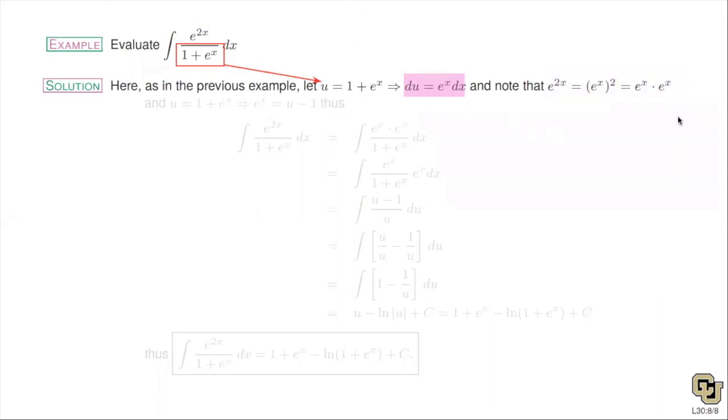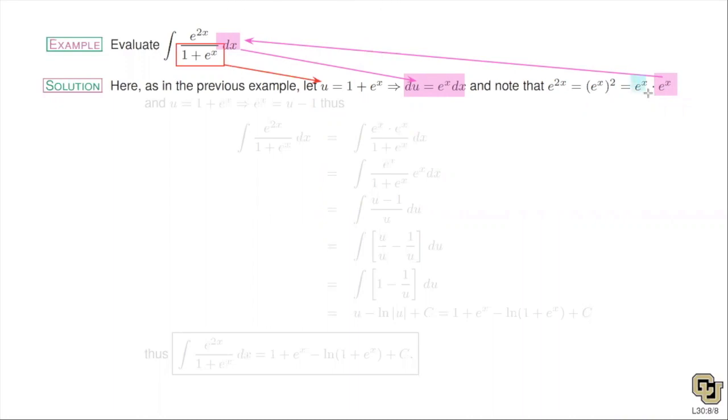So that means I will have one e to the x that I can combine with the dx, and that'll become our du. But then we still have one more e to the x left over.